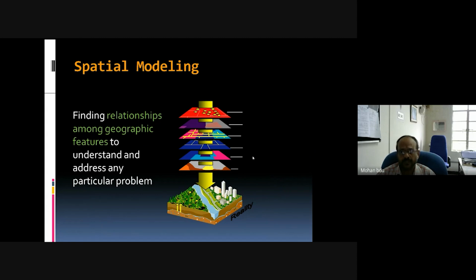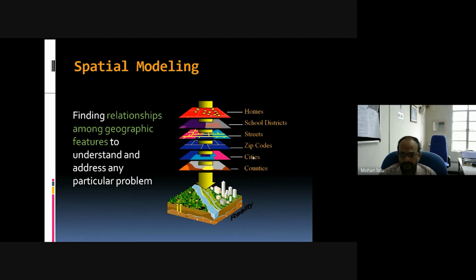For example, we can generate thematic maps for streets, cities, or water bodies, or even in the case of oceans where algal blooms are present, or within cities where you have a low-lying area that can be inundated. So such thematic maps can be generated using the spatial data.